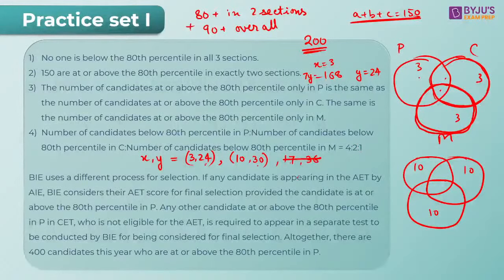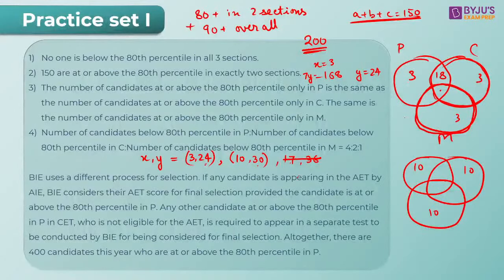So one part is y, not in M, so that will be 24. No, 24 is total, so this will be 18. So this will be 18.